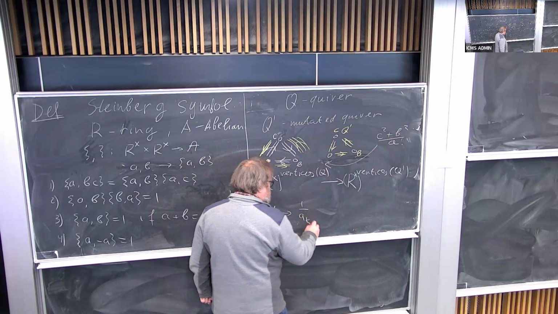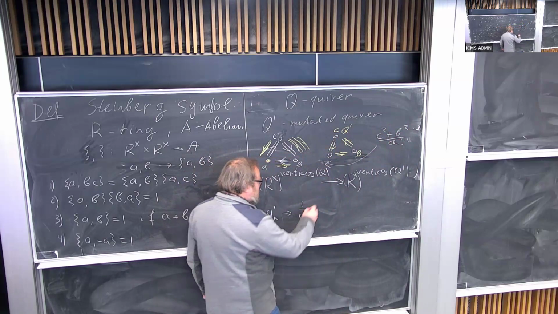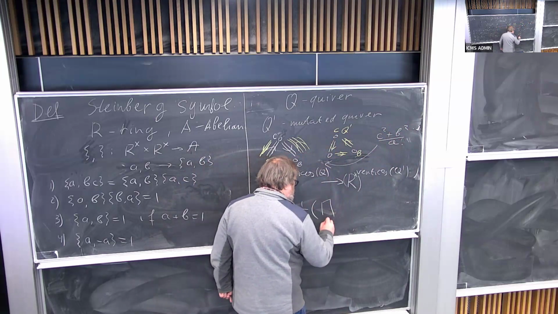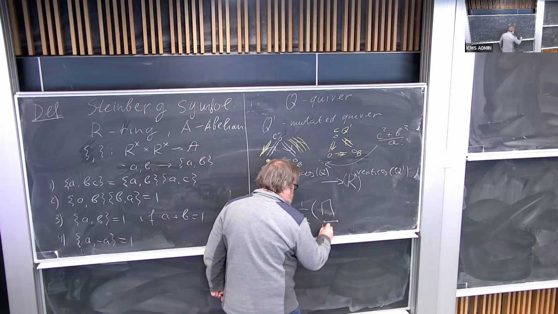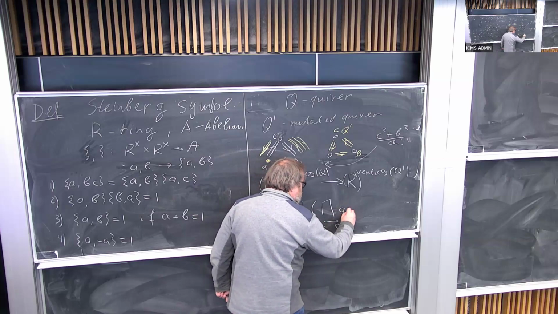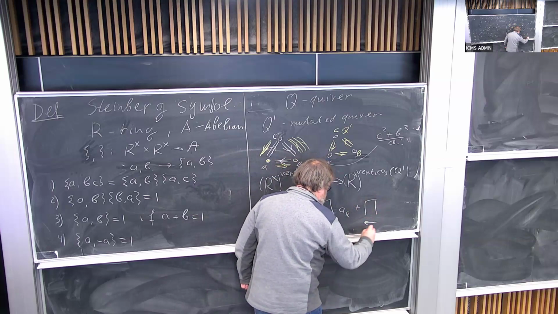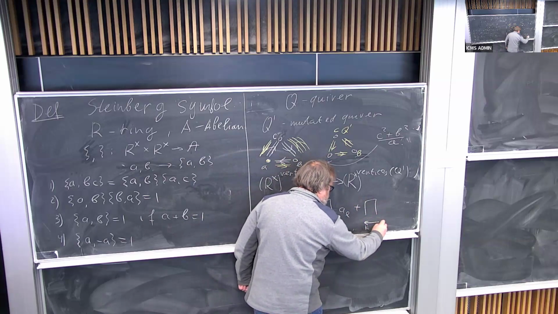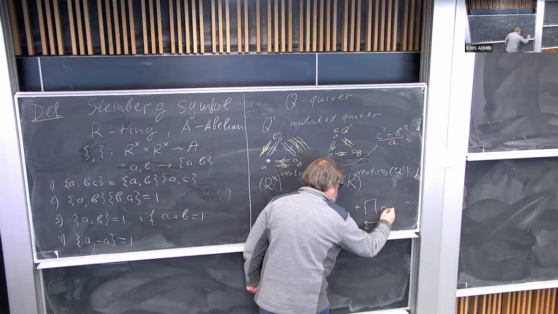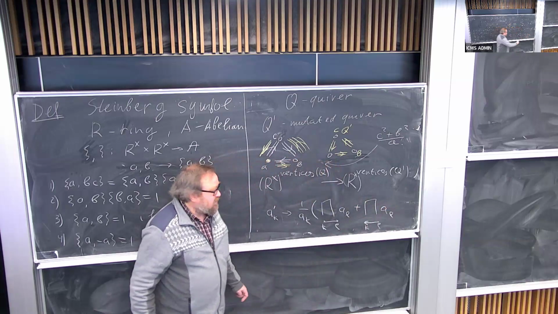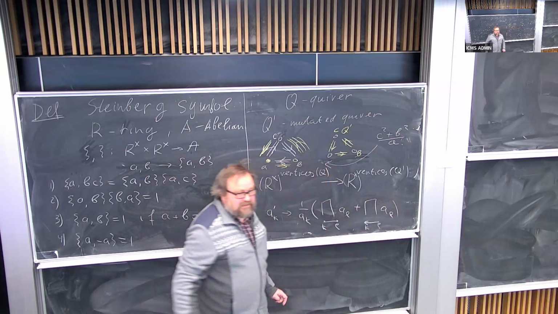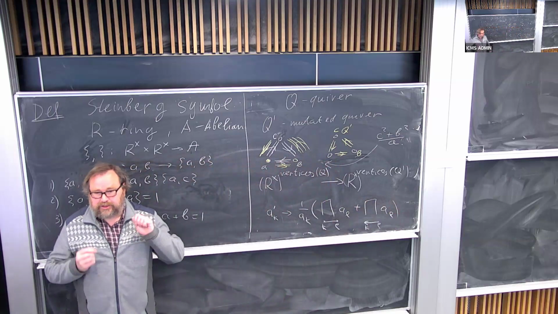You just invert this variable and then multiply by the product of all the edges from K to L of A_L plus the product of all arrows from L to K of A_L. So this is the standard cluster rule, how you change coordinates.